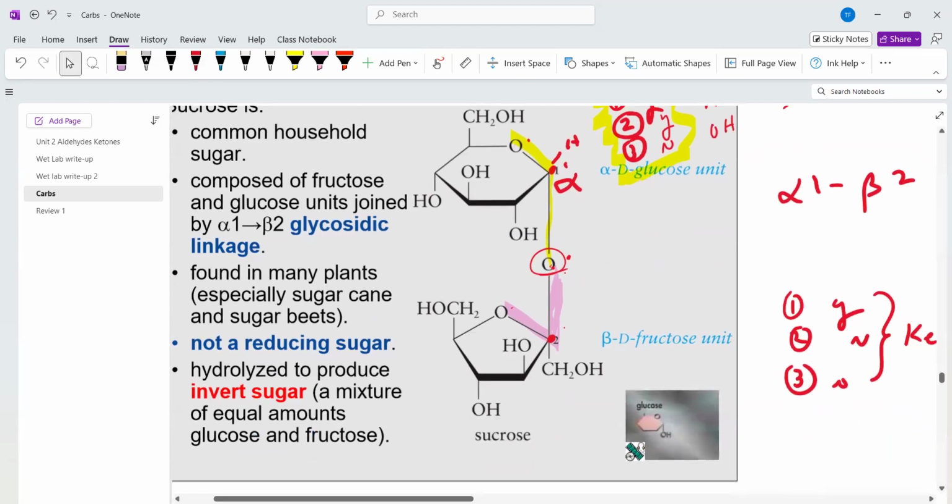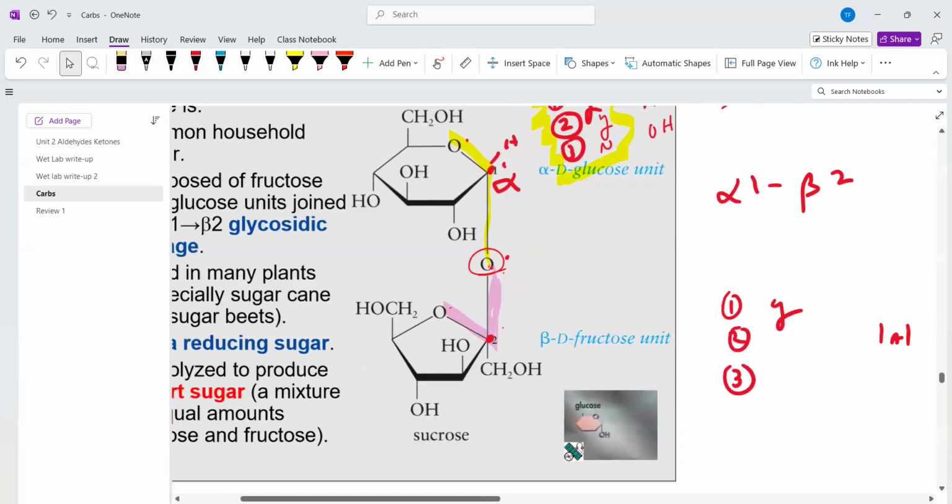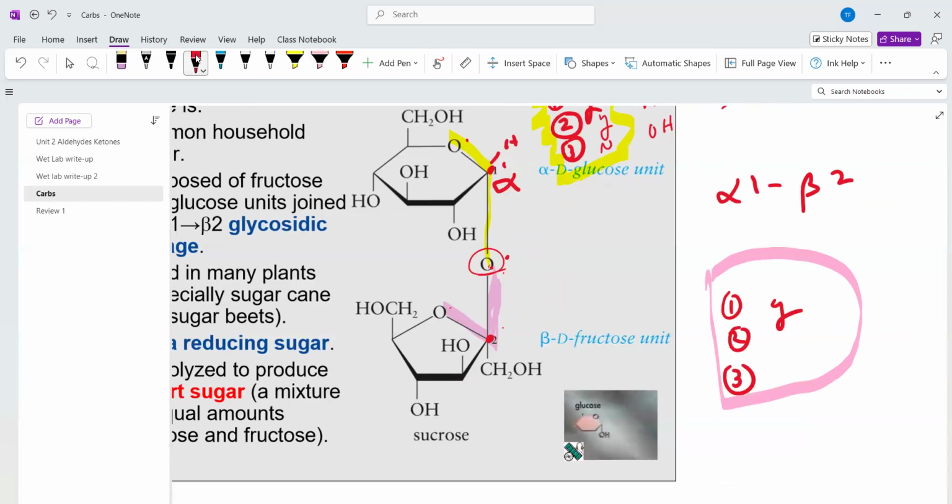Okay, now let's do the purple one. So we have an OCO. We have no hydrogen.